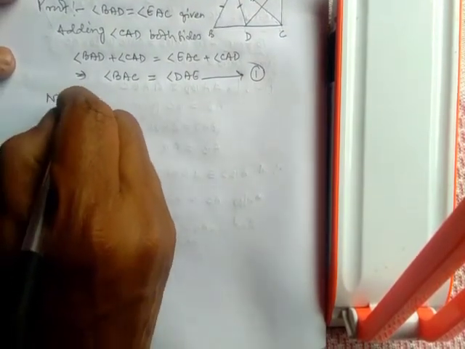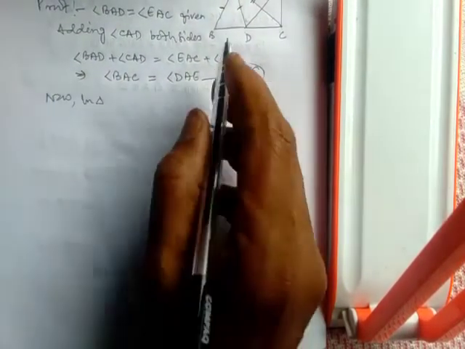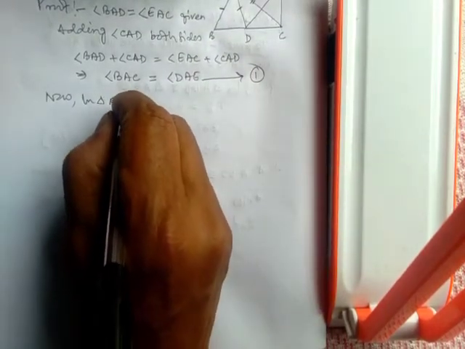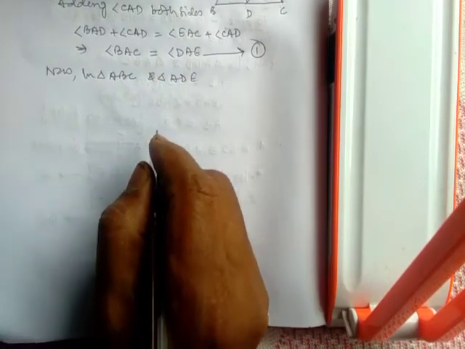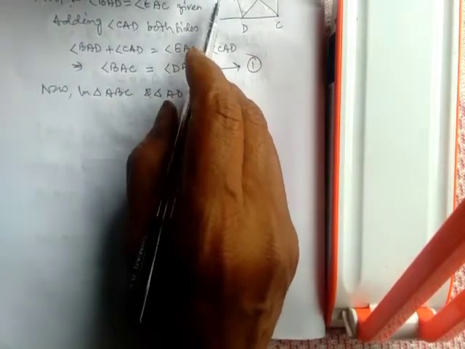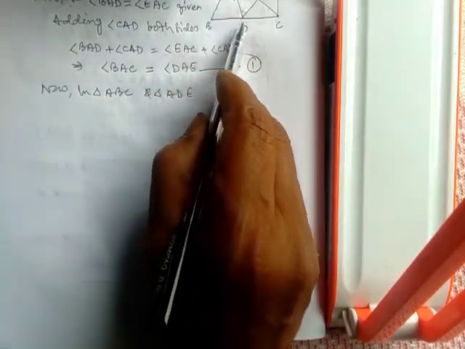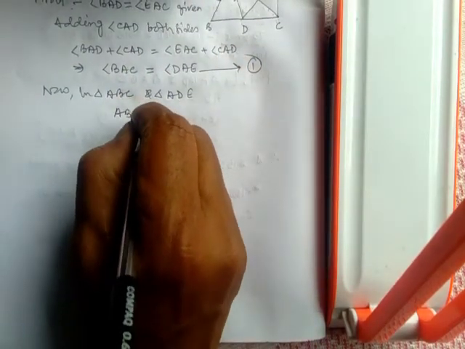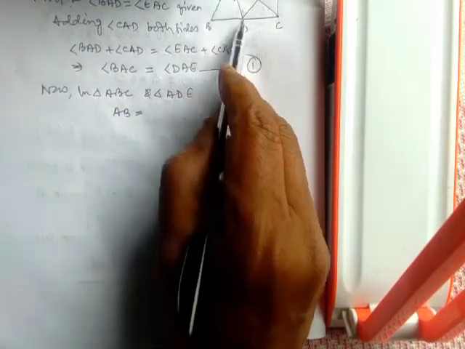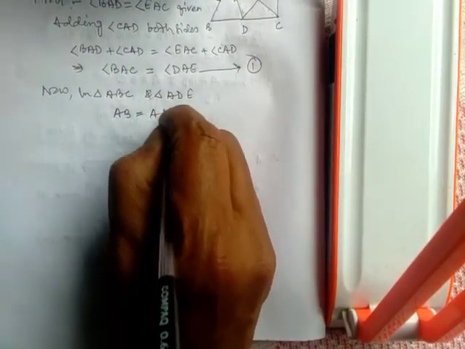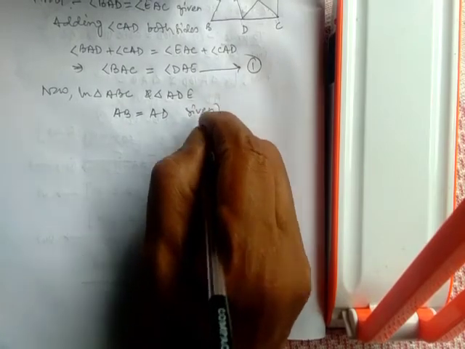Now in triangle ABC and triangle ADE, side AB is equal to AD, this is given.